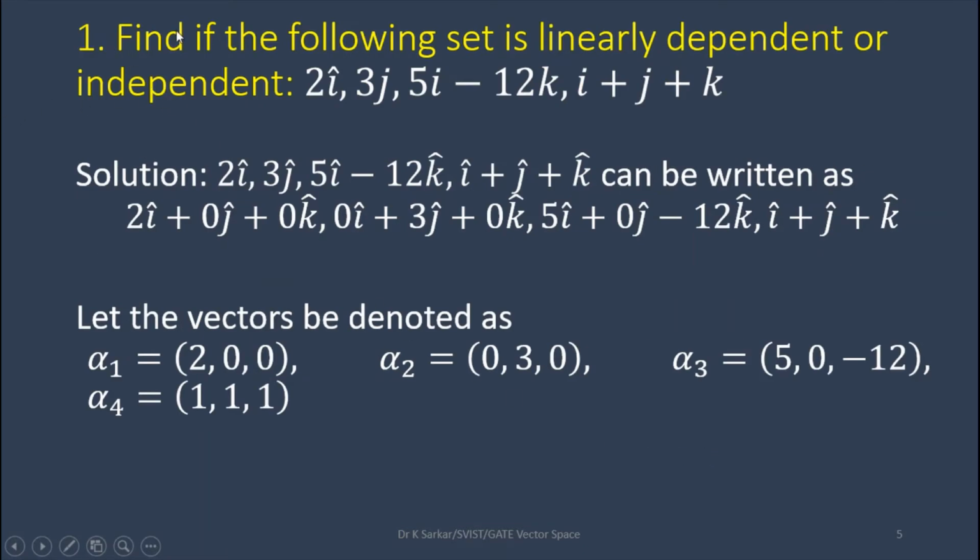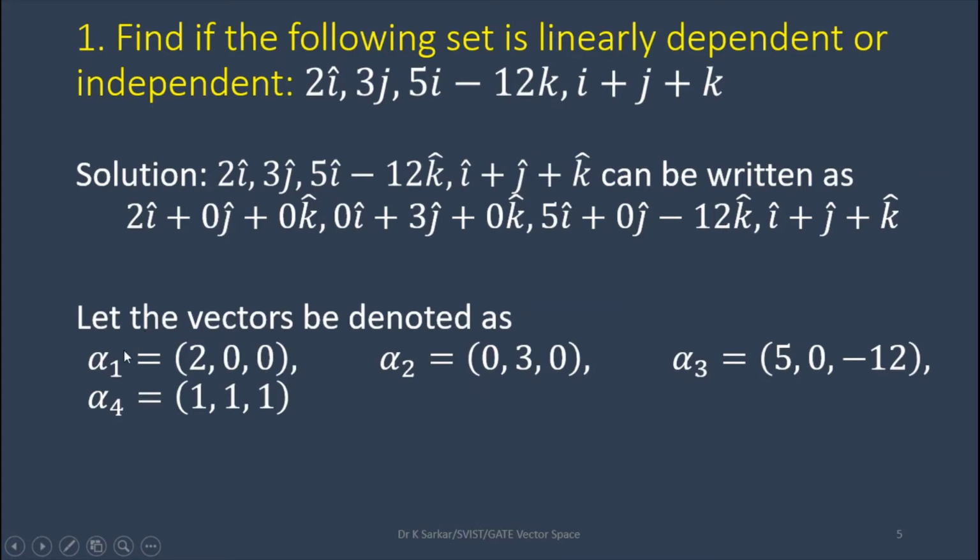Question number 1. Find if the following set is linearly dependent or independent: 2i, 3j, 5i minus 12k, i plus j plus k. This can be written as 2i plus 0j plus 0k, 0i plus 3j plus 0k, 5i plus 0j minus 12k, i plus j plus k.